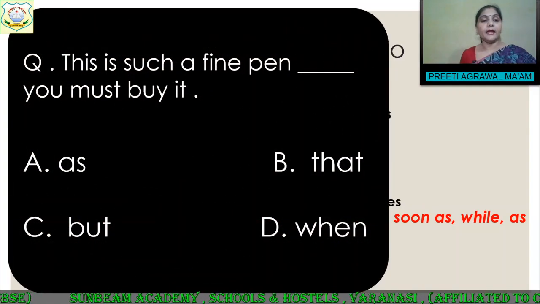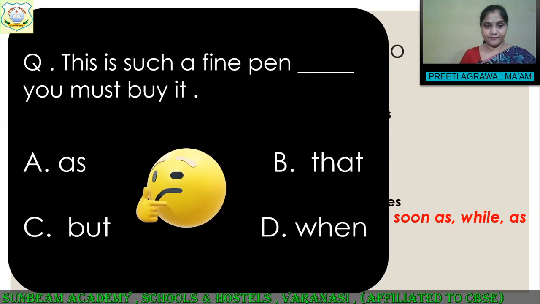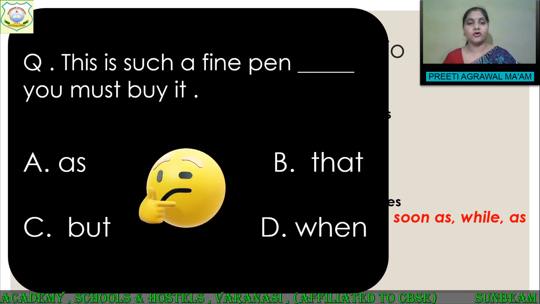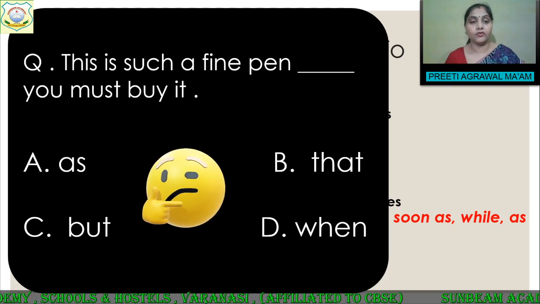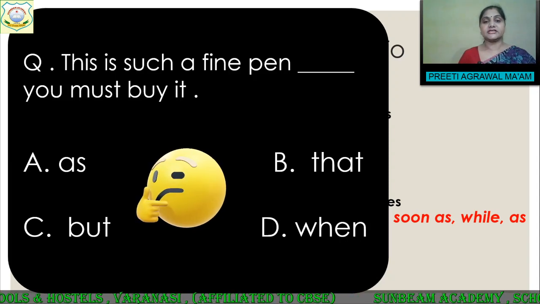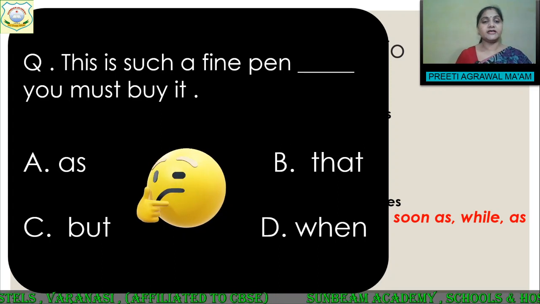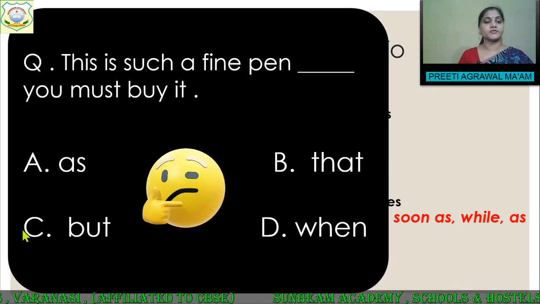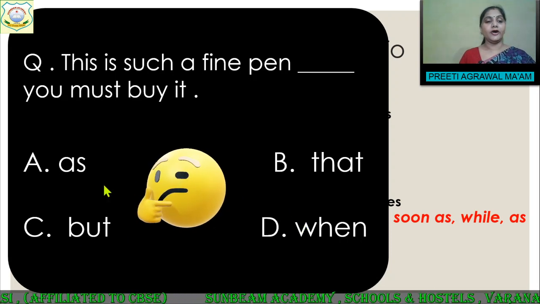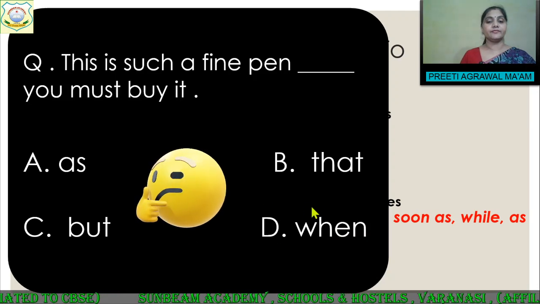Here is another quiz for you to test yourselves. Check your knowledge and write down whatever you think the answer can be. This is such a fine pen, a space is there, you must buy it, and there are 4 options: A, B, C and D. According to you, out of these 4, which one will be correct?